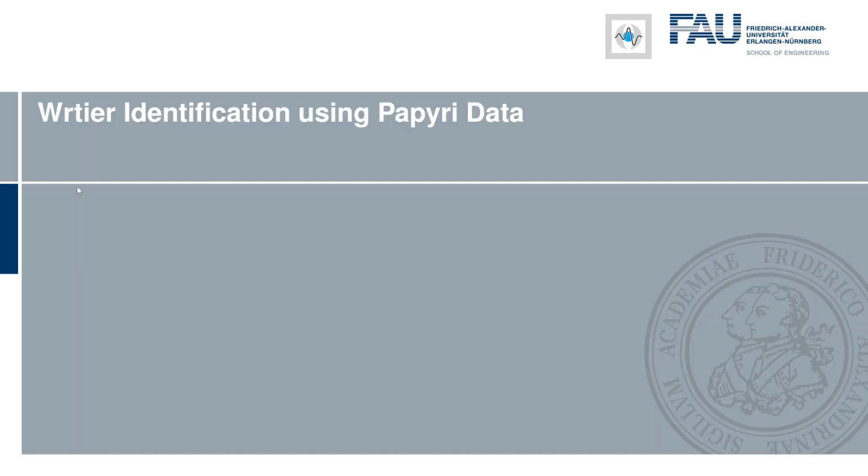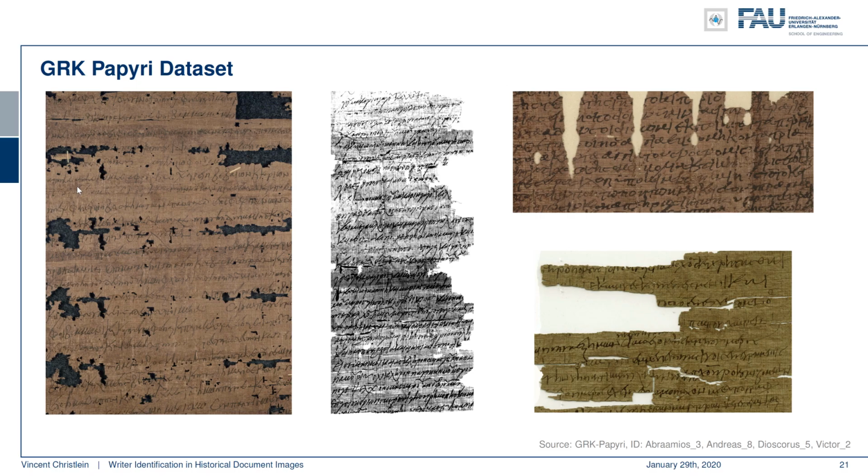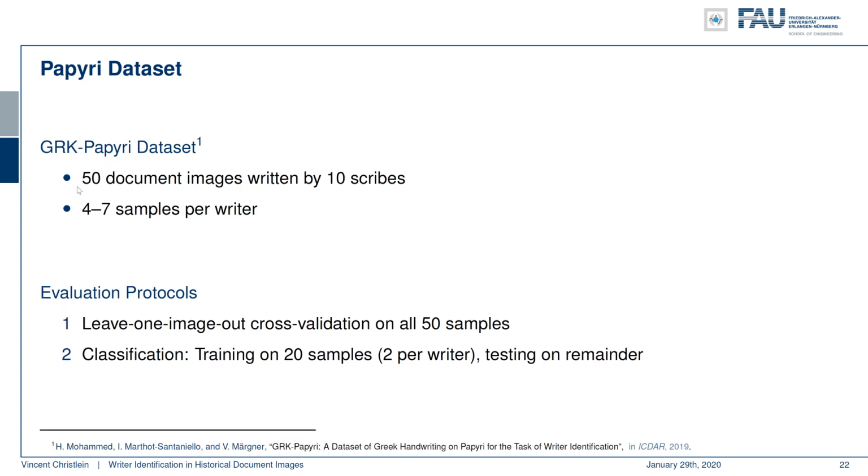Okay, so now let's come to the second part of the talk, using writer identification on the Papyri data. And you may know that data set. We have these 50 samples, so a quite small data set. I didn't use any deep learning based approach here. We have 4 to 7 samples per writer, written by 10 scribes. And there are 2 evaluation protocols for how you can evaluate that.